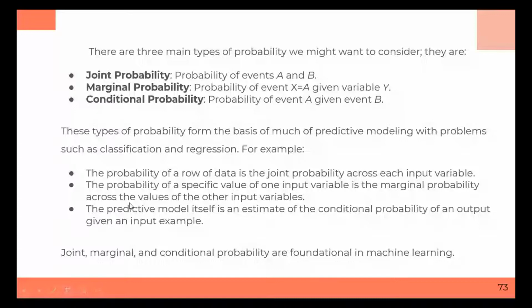Have you understood the second one? Second statement. What we are saying? We say the probability of a specific value of input in an Excel sheet is the marginal probability across the values of other input variables. We are having other variables, but we are looking for only one value's probability.